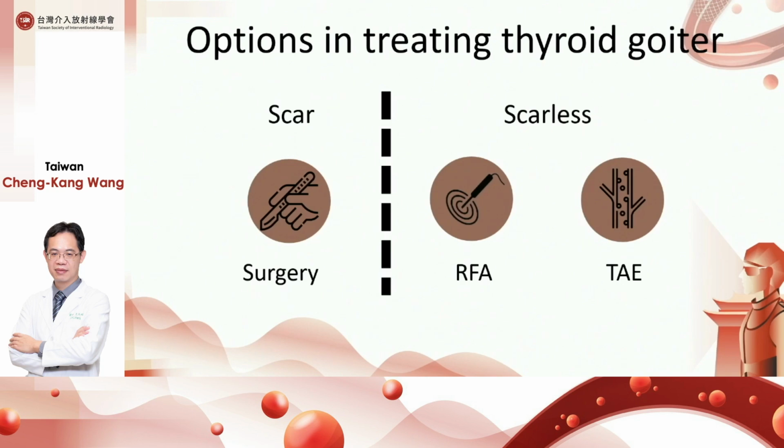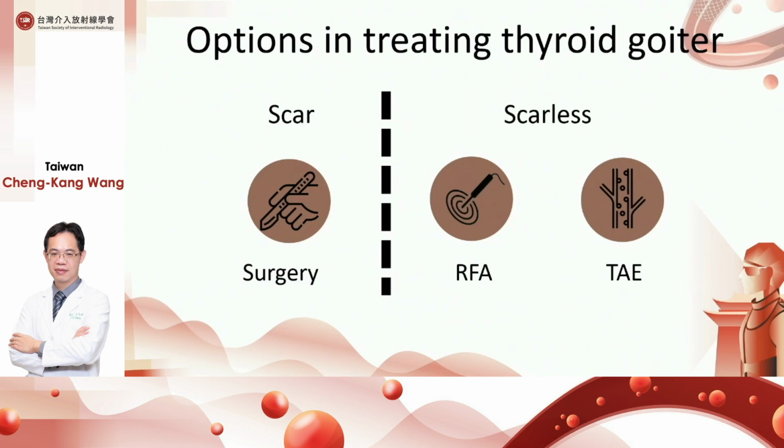Okay. So as we know, thyroid goiter is a prevalent condition, and the treatment mainly deals with compressive symptoms and cosmetic concerns. The traditional treatment is surgery. However, there is concern of the cervical scar, requirement for hormone replacement, and the possibility of injury to the recurrent laryngeal nerve.